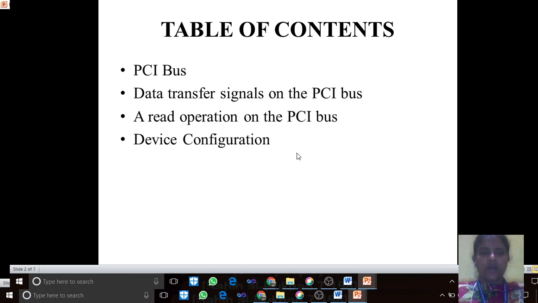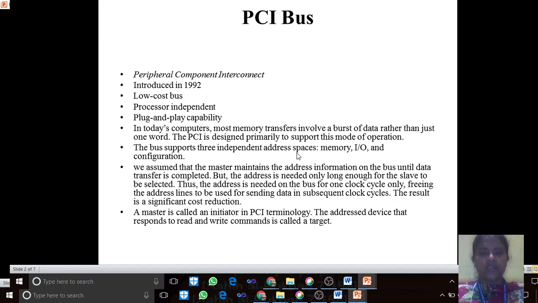The contents are PCI bus, data transfer signals on the PCI bus, a read operation on the PCI bus, and device configuration. The acronym PCI stands for Peripheral Component Interconnect, which was introduced in 1992, and it is cheaper compared to your normal device interface.